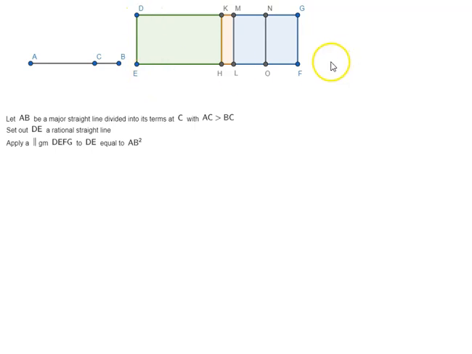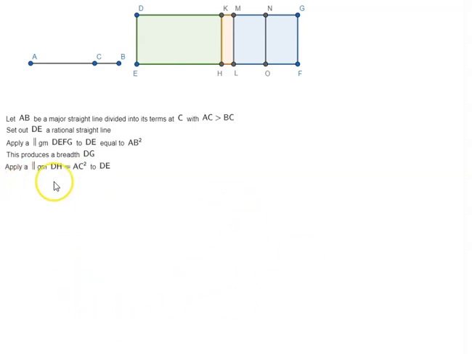When we form this parallelogram, it will produce a breadth DG. So what the proposition is saying is that DG is going to be a fourth binomial. Prove that DG is a fourth binomial.